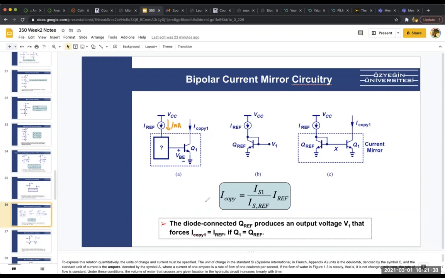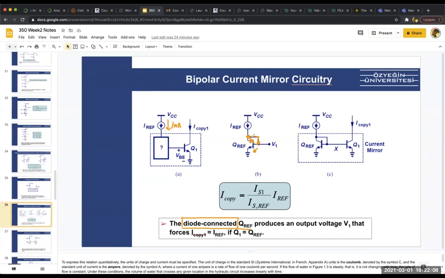There is this term called diode connected transistor, which is when you connect a collector and a base together. And the reason it's called diode connected is because there's a diode here, right? Just like there's a diode here, there's a diode here as well.